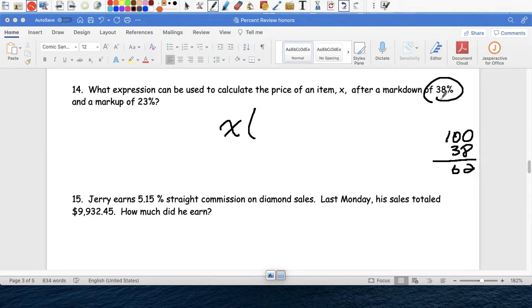So after a markdown of 38%, you're going to pay for 62% of the original value. But unfortunately, there's a markup of 23%. So it goes back up 23%. And remember, if it's going up, it's 1 point something. And that's the expression you would use to find out the final price of your item.